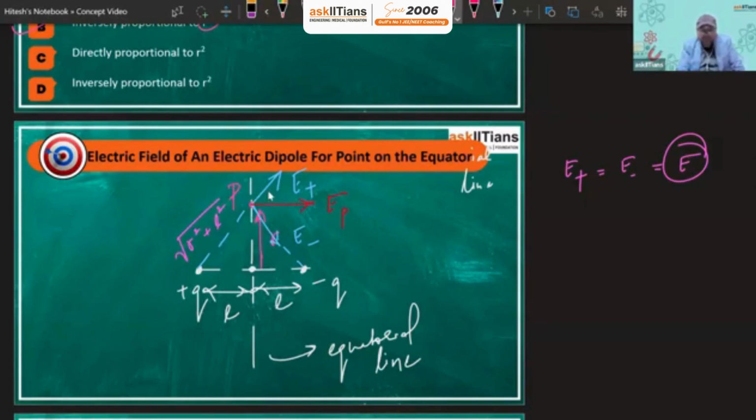So how do we calculate that? Let's say this angle is theta. So this angle should also be theta. Getting it? So we have E cos theta, E sin theta, the components here.